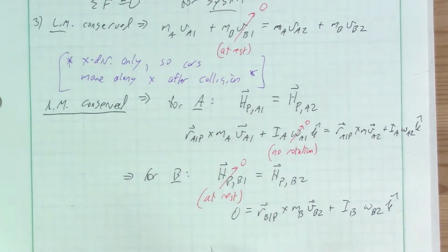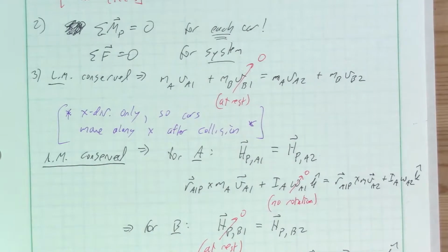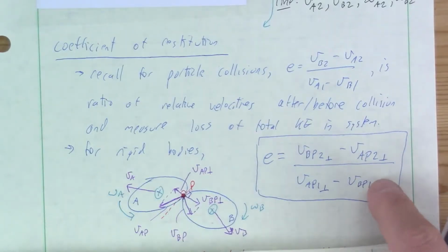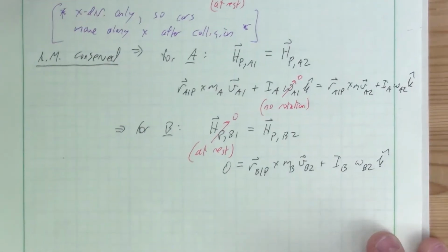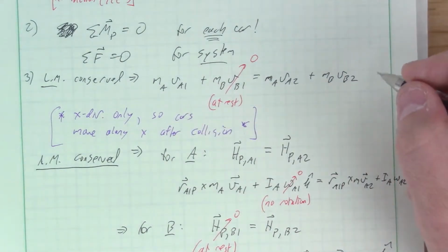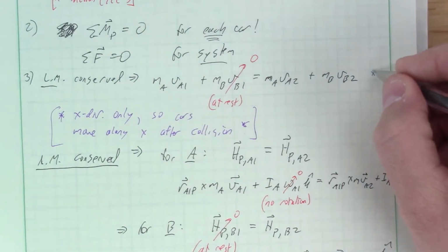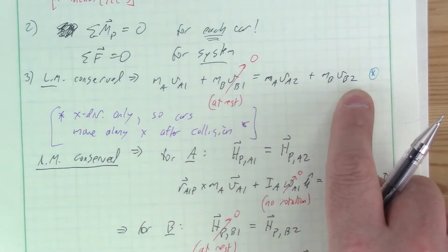Now, should we count up our relationships here? Let's see. We have our coefficient of restitution, which we haven't written out for this system yet, but we will in a second. So we've got one relation there for two unknowns, V A2 and V B2.